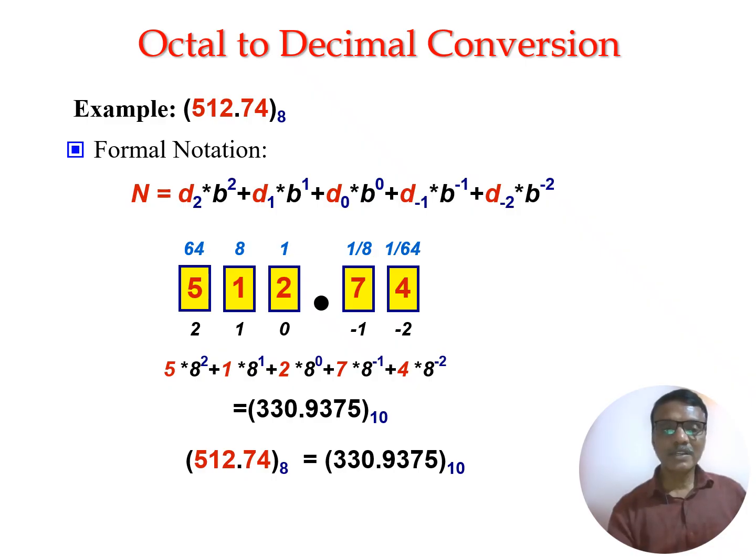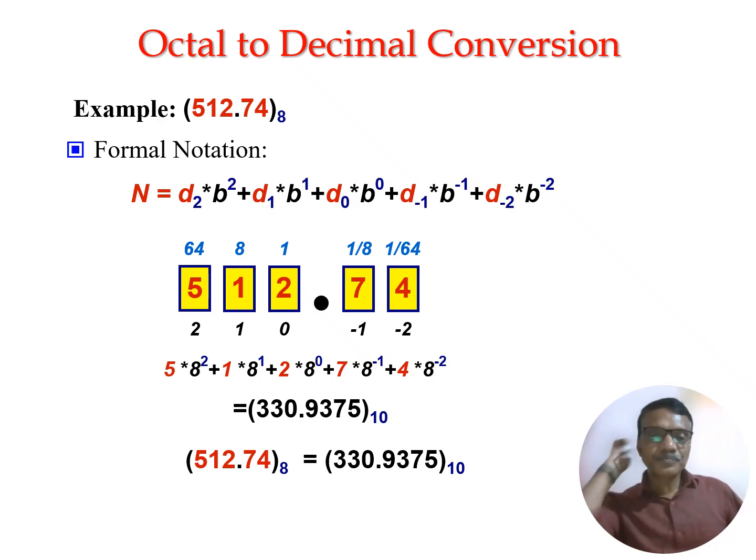So all we did, so we get 5 into base 8 power 2, that is 5 into 64, plus 1 into 8 plus 2 into 8 power 0, that is 1. And then 7 into 8 power minus 1 plus 4 into 8 power minus 2.